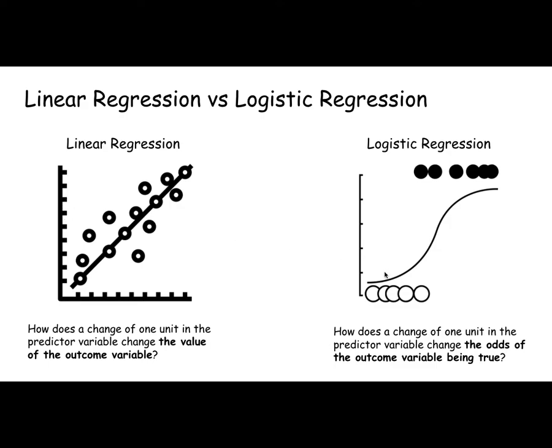Logistic regression, the data looks like this. So for some x variable, we have either yes or we have no, and there's nothing in between. So you get this kind of relationship. So it's impossible to draw a straight line that fits this data.